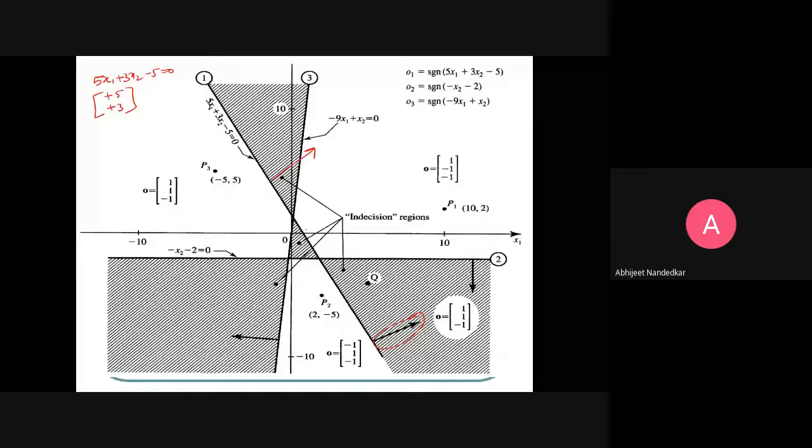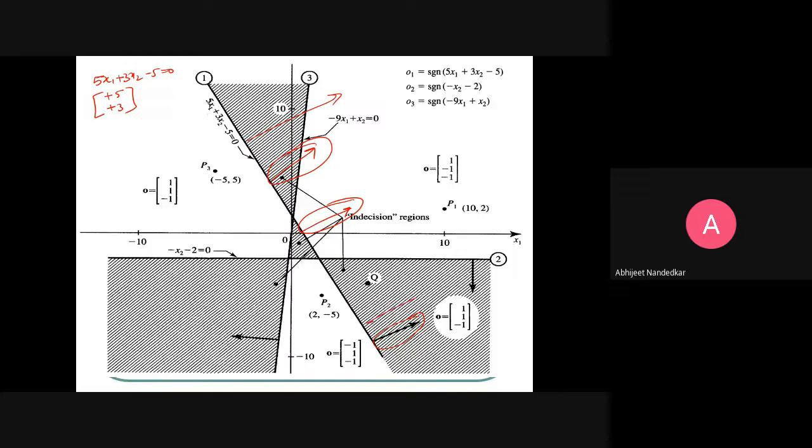As per neuron number 1, anything above this is class 1. But that is not the region where class 1 will actually appear, because if you draw the regions for all three neurons, the picture is different.